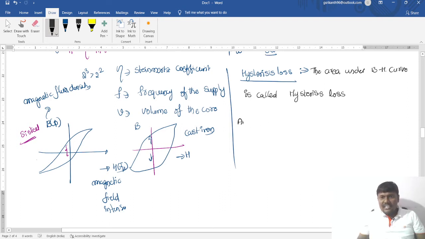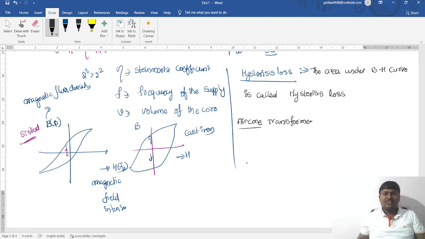If you go for the air core transformer, there is no iron core. Coil 1 is like this, and coil 2 is like this. Coil 1 is excited with a sinusoidal voltage, and it will produce flux.